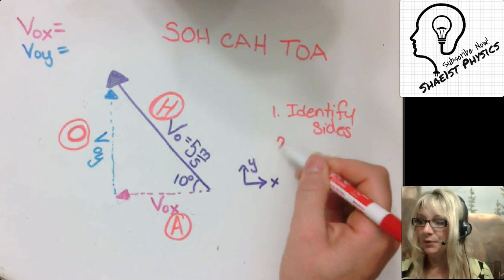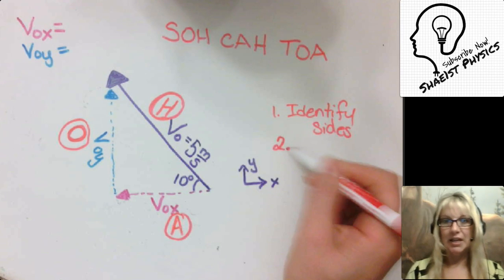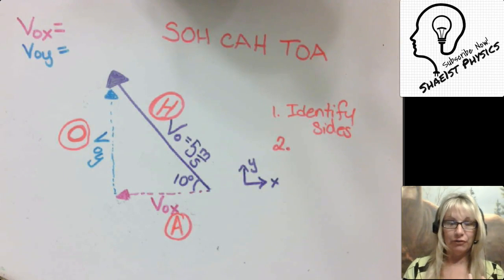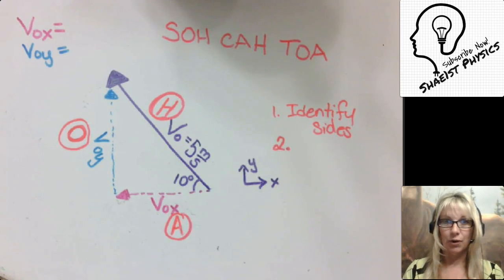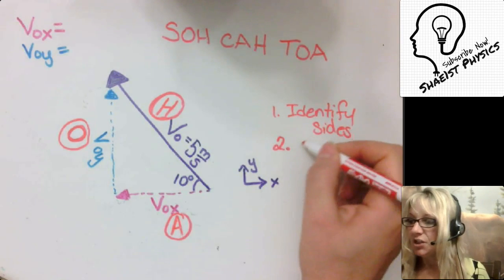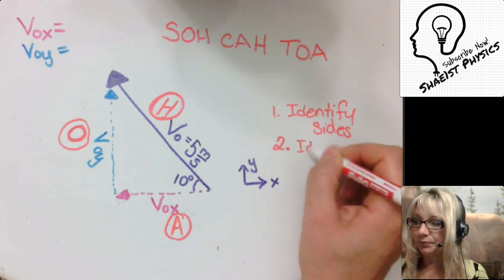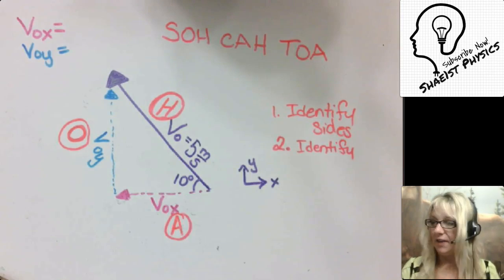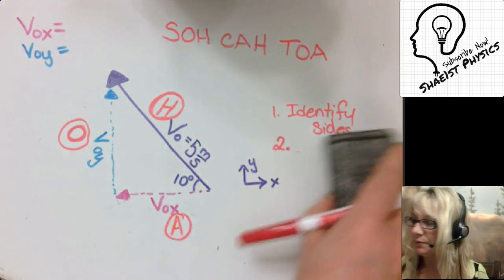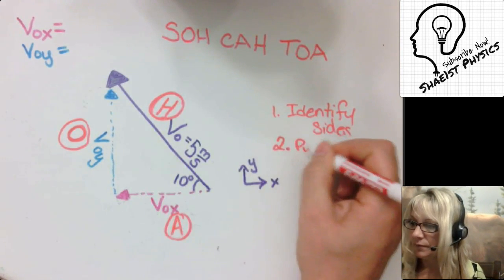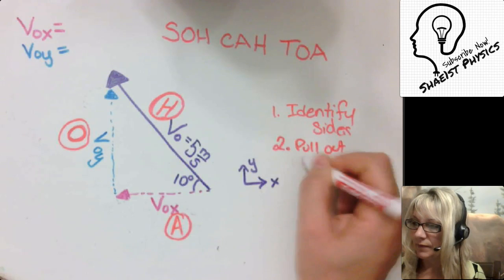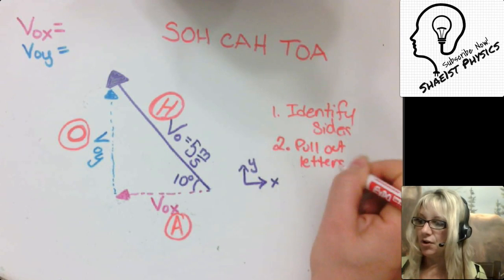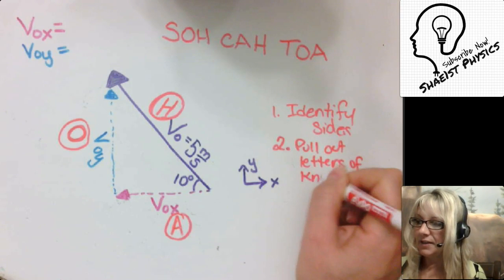Step 2 is going to be determining what we're looking for, which side we're looking for, and what we're given. So identify, and you really want to pull out letters. Maybe we'll just call it that. Pull out letters of our known and unknown.